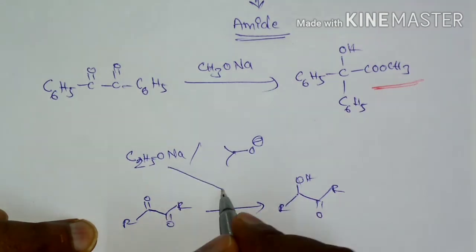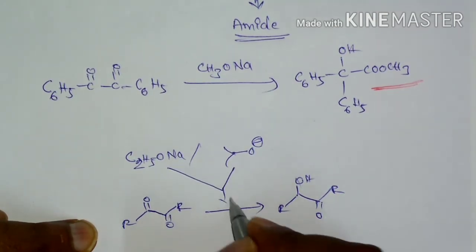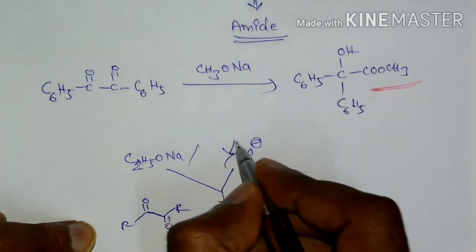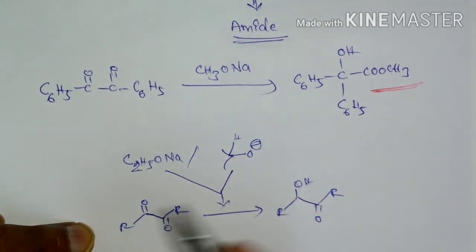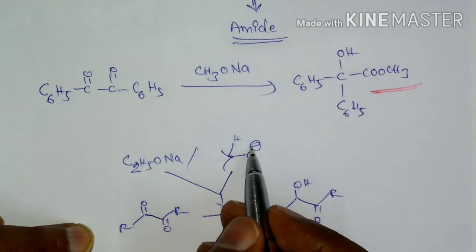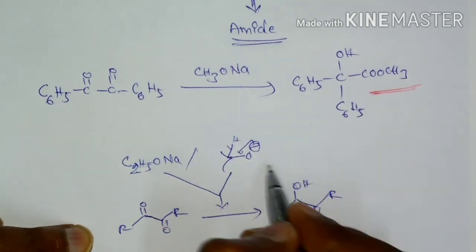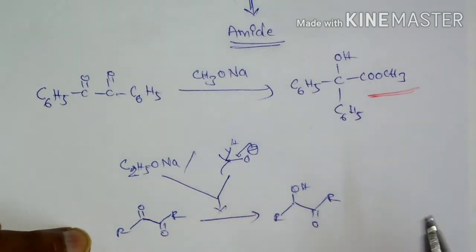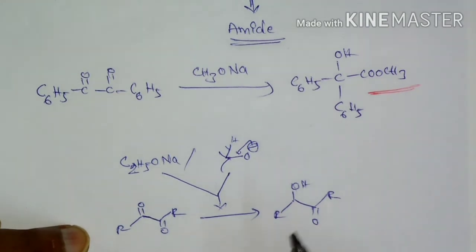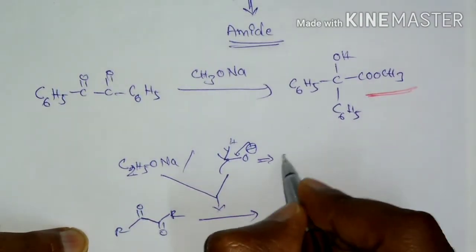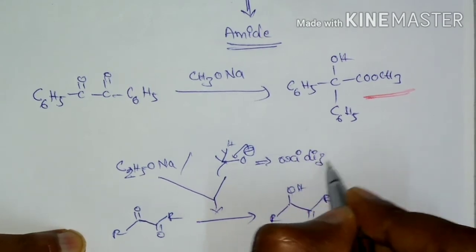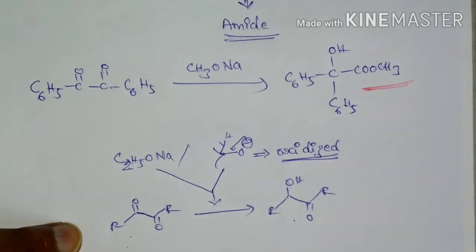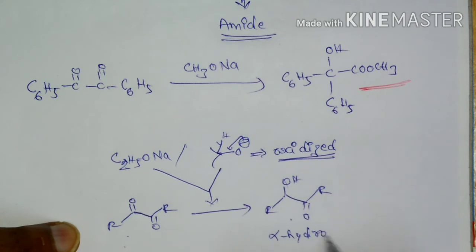If I use sodium ethoxide or isopropoxide, these two are prone to undergo oxidation, meaning the hydrogen adjacent to the alkoxide ion can be easily shifted, and you are going to get alpha hydroxy ketone, not alpha hydroxy acid derivatives.